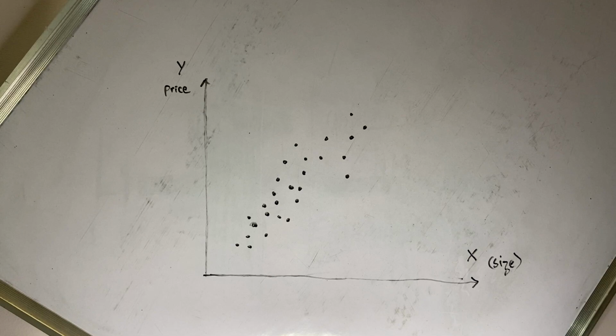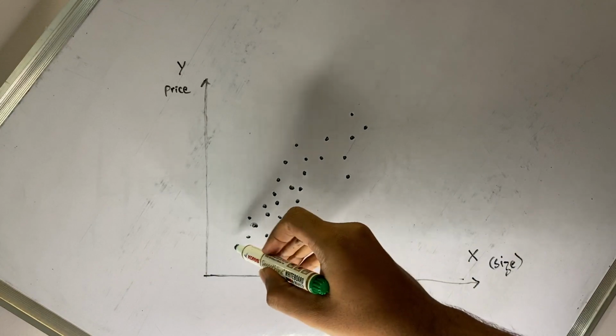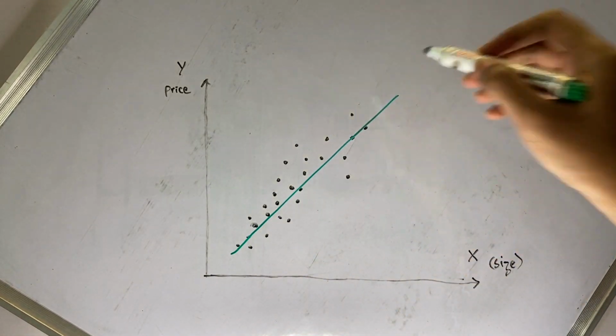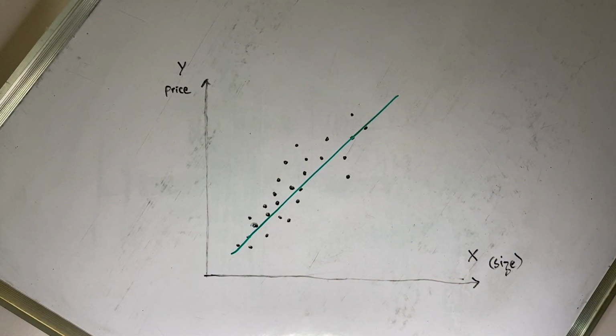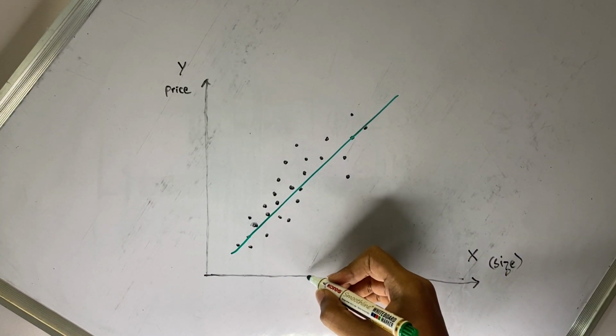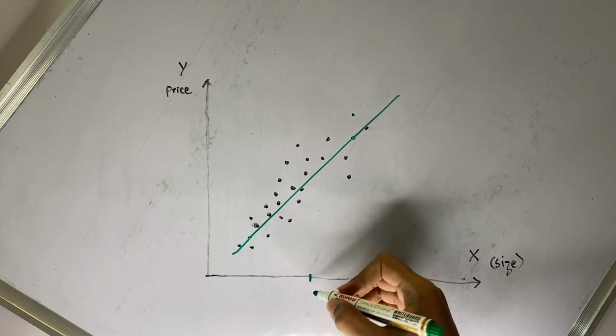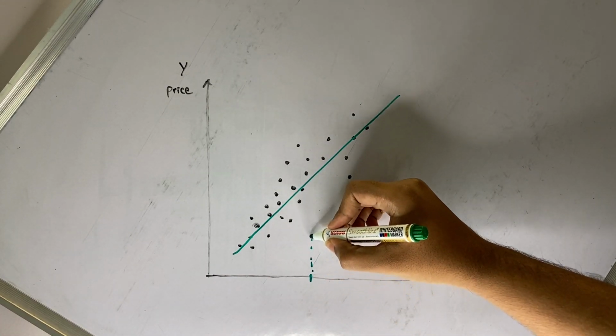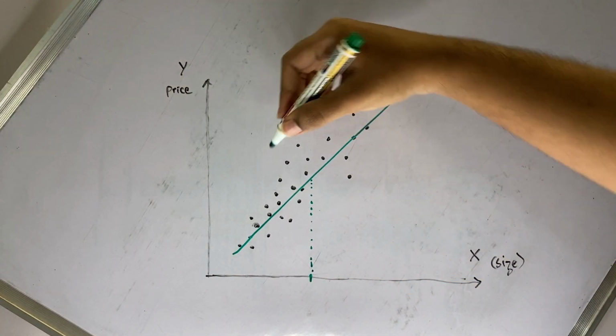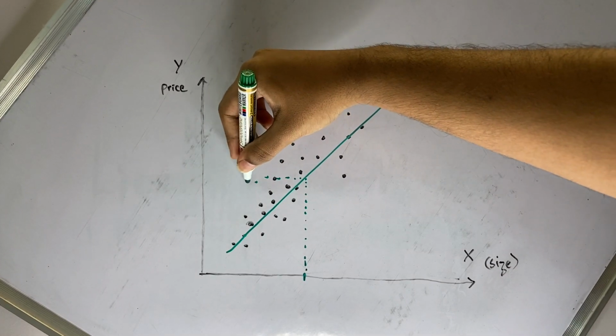Now as discussed in the previous video, when we plot the data points into a graph, we see a trend in that data. Now we need to fit a model into this data, some sort of a linear model. Once we fit the model into the data, for any given input we can easily predict the price of the house.